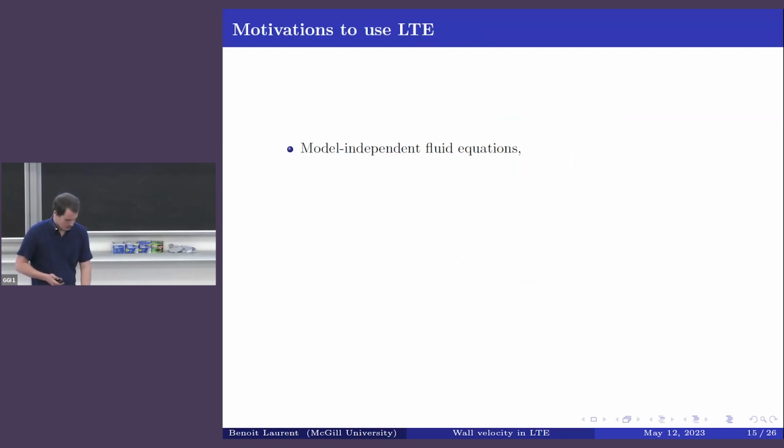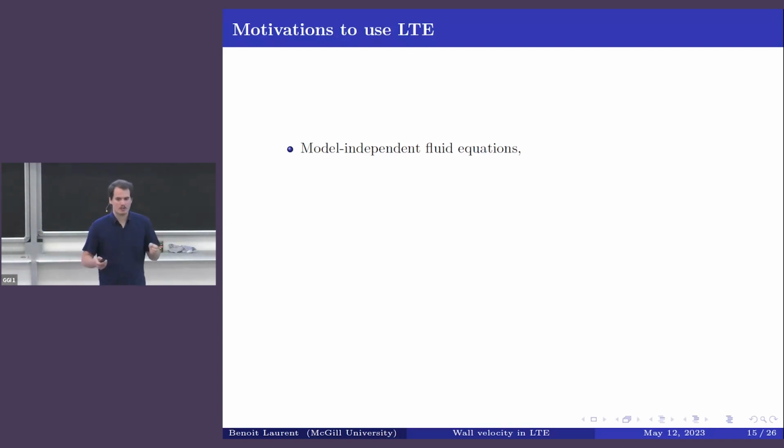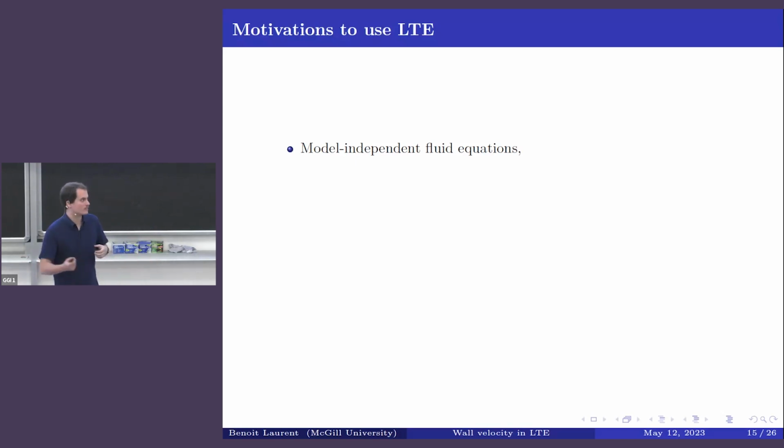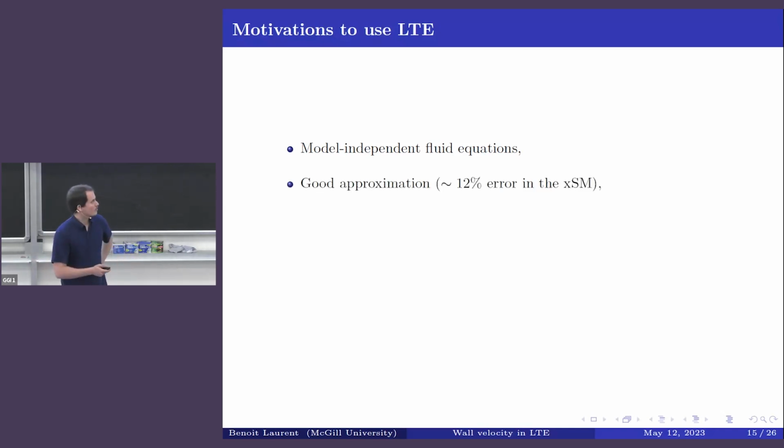Now I also want to talk about other motivations to use this approximation. Like I said before, we will be able to get model-independent fluid equations, and this is very useful to visualize much more intuitively what's happening with the wall velocity. Also, it's actually a quite good approximation.